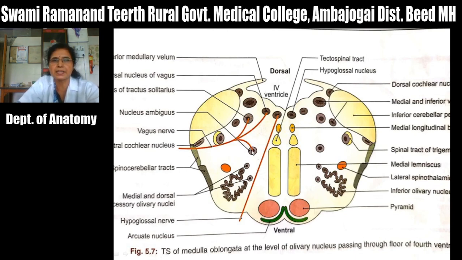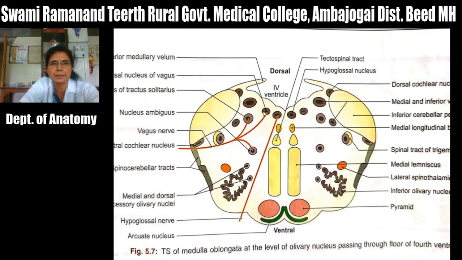So this is the nucleus ambiguus. Then the next column is the general visceral efferent column, and the nucleus for this is the dorsal nucleus of vagus. This dorsal nucleus of vagus forms the major part of the cranial parasympathetic outflow. It is situated in the upper 2/3 part of the medulla.